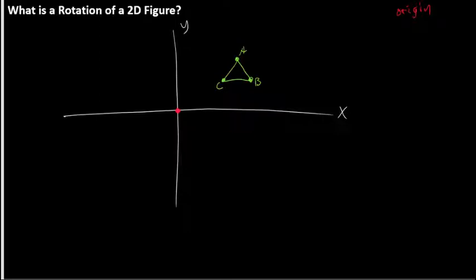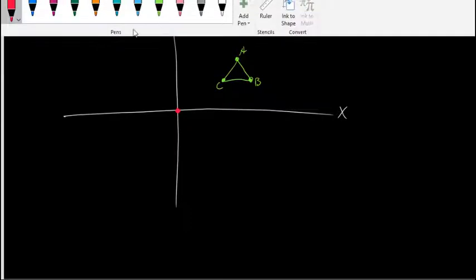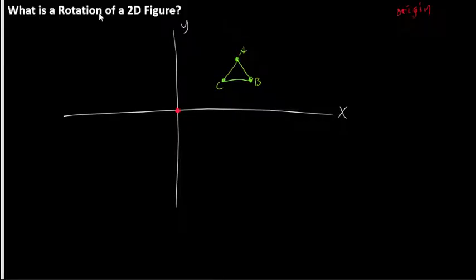Okay, the way that this is going to work when we rotate, okay, so when we rotate a figure, I'll go ahead and use orange to show my little rotation triangle. When we rotate a figure, what needs to happen is that our figure's vertices keep the same distance from the center of rotation.